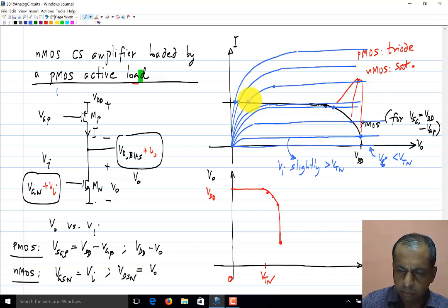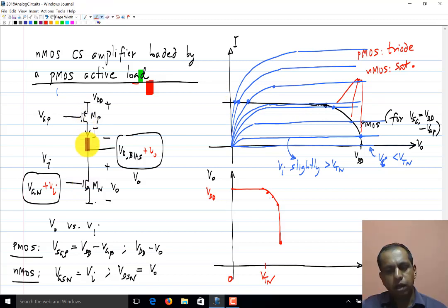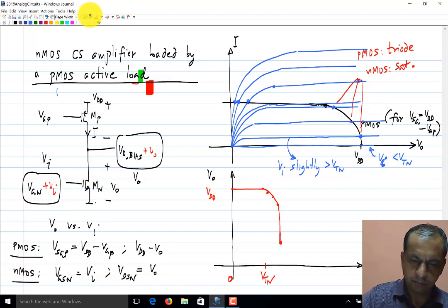So the value of the output voltage goes on falling, but it never quite reaches zero, because as Vi increases, this voltage keeps falling and eventually the NMOS transistor is in triode region. Now, because some current has to be flowing there, there has to be a non-zero drain source voltage across the NMOS transistor. So the output voltage never quite reaches zero.